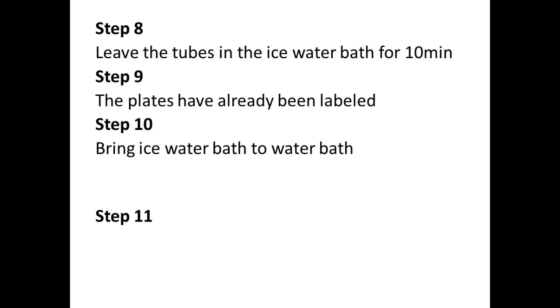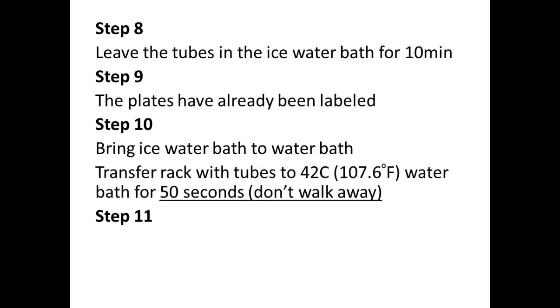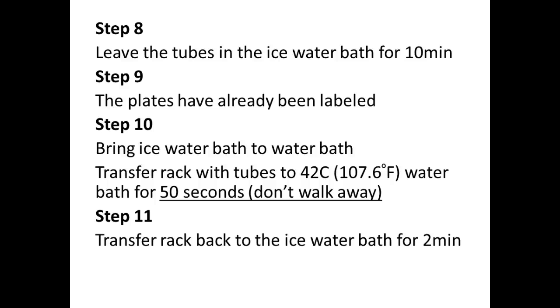As I said, we're going to bring our whole ice bath all the way to the back to our water bath. Our water bath is set at 42 degrees Celsius, which is around 107 degrees Fahrenheit. You're only going to leave it in there for 50 seconds, so do not walk away. All right, you're going to time it, and then you're going to take the floating rack right back out of the water bath, and you're going to place it back onto your ice for 2 minutes.